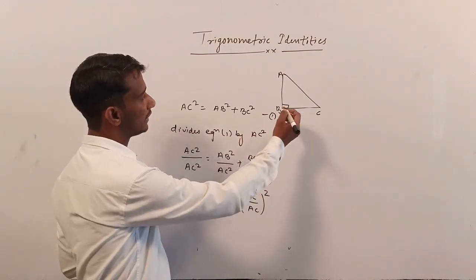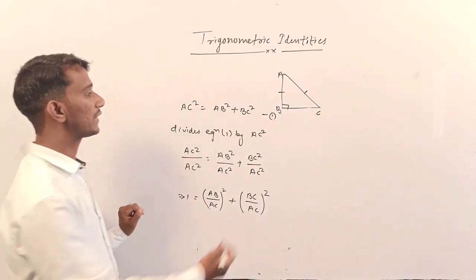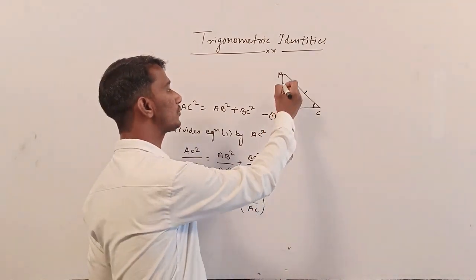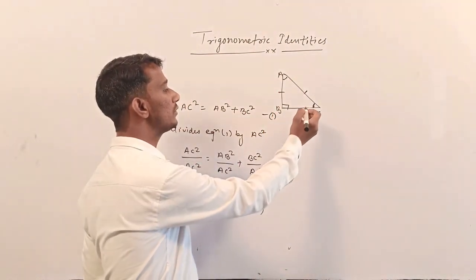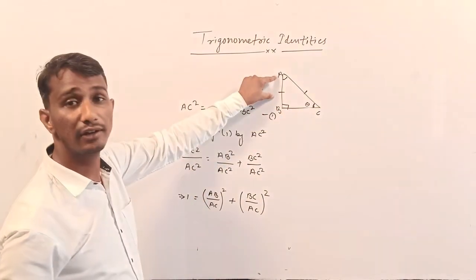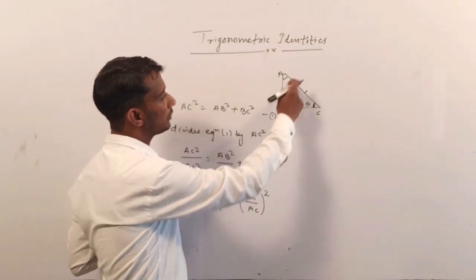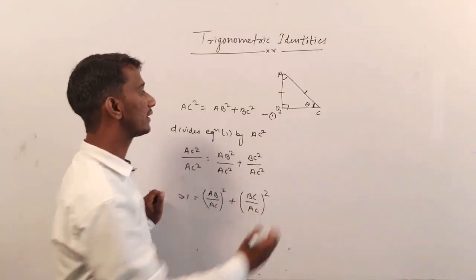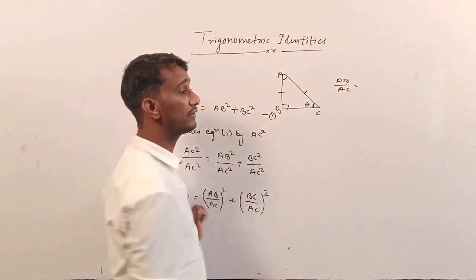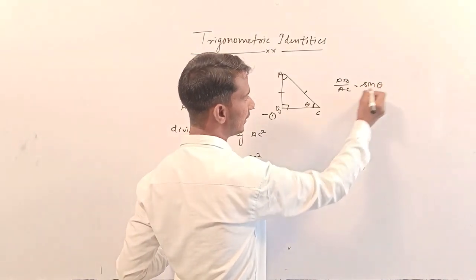AB upon AC. Suppose that angle C is theta. According to theta, AB is the altitude and AC is the hypotenuse. So AB upon AC represents this trigonometric ratio, which is sin theta.